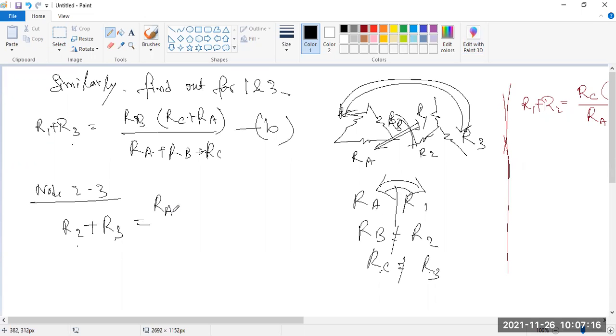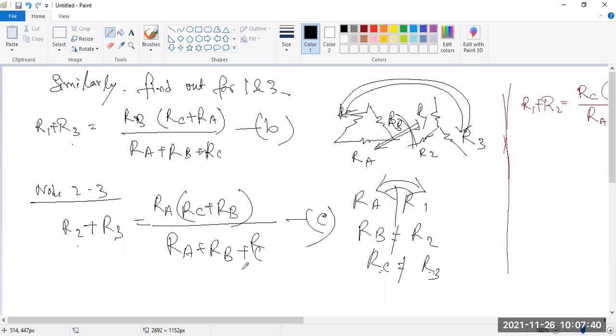So just put down RA and multiply the other resistances, RC and RB we have to write, and then divide by the summation RA plus RB plus RC. This is equation number C.